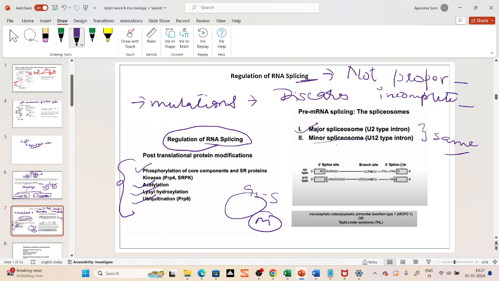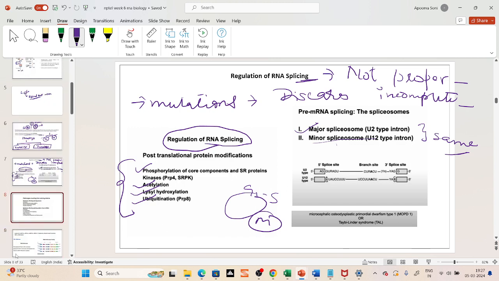In your major spliceosome complex, those consensus sequences are very much conserved, but they are not as much conserved in the minor spliceosome complex. That is what they are trying to tell with the help of these sequences.